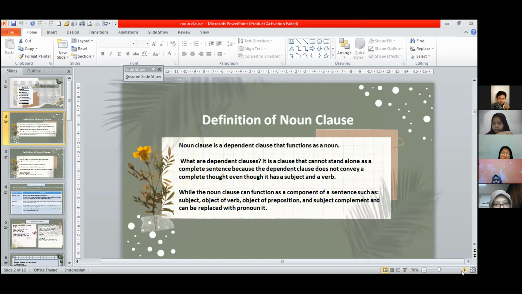While the noun clause functions as a component of a sentence such as subject, object of verb, object of preposition, and subject complement, and can be replaced with a pronoun.